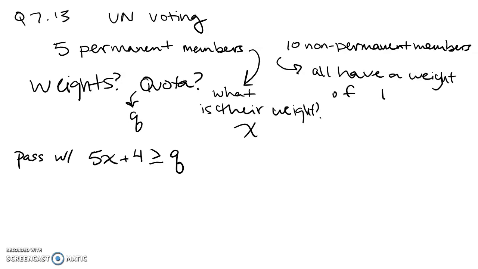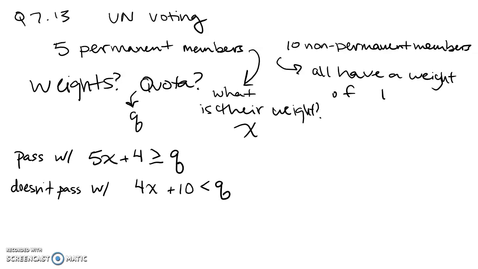Now think about something that would not pass, especially a largest case where it doesn't pass. Say all 10 of the non-permanent members vote but only 4 of the permanent members vote. That's a not-pass situation because we require all of the permanent members. If it doesn't pass and it is a weighted voting system, that total must be less than the quota.